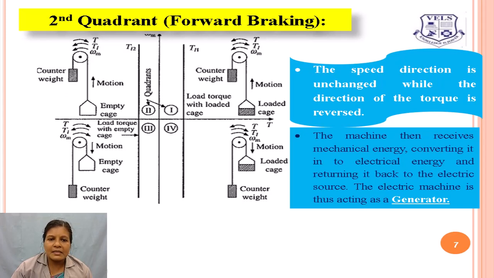In this operation, it acts as a generator. Generator in the sense that the power is returning back to its source. This usually happens in the case of regenerative braking. The direction of the speed is unchanged, while the direction of the torque alone is reversed here.